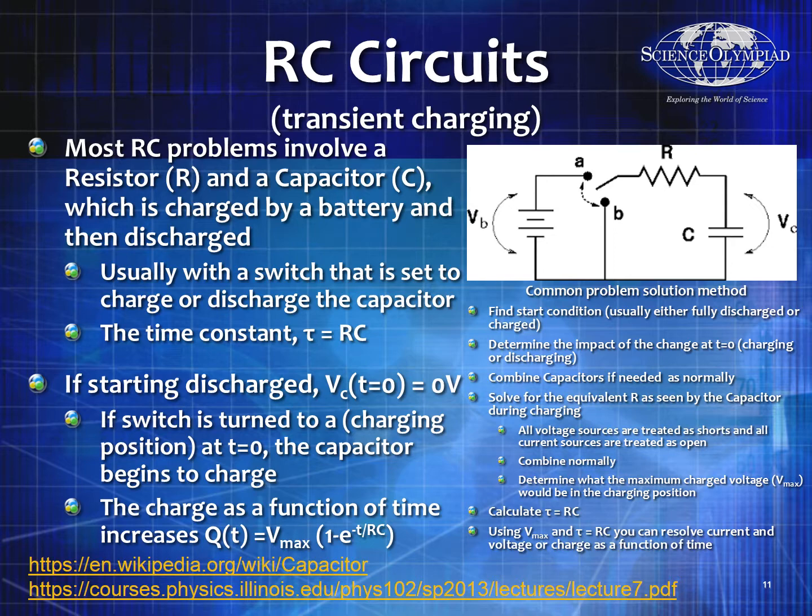So if you're starting it discharged, at T equals 0, VC is equal to 0, since there's no charge. The switch is turned on at T equals 0, and the capacitor begins to charge. The voltage as a function of time will be equal to the maximum voltage, which in this case would be VB, times 1 minus e to the minus T divided by RC.